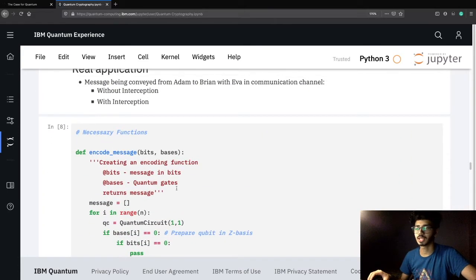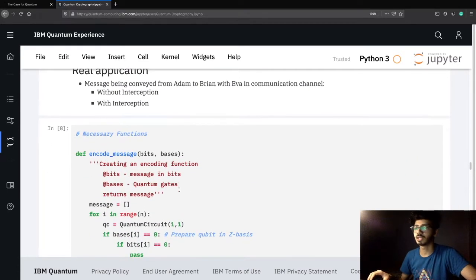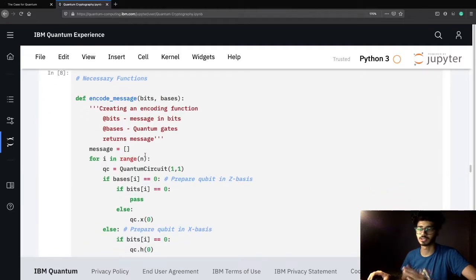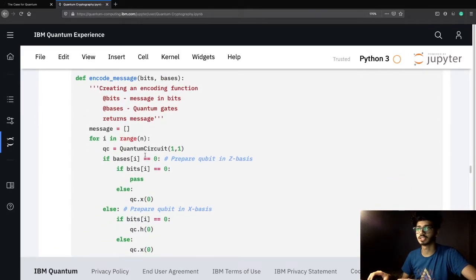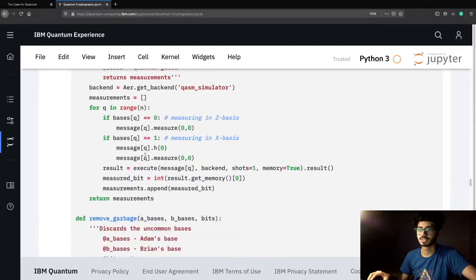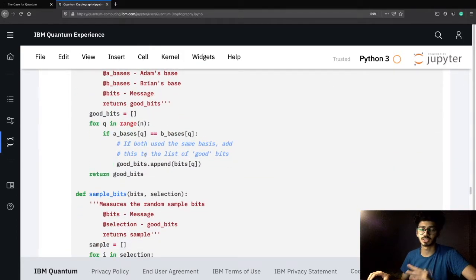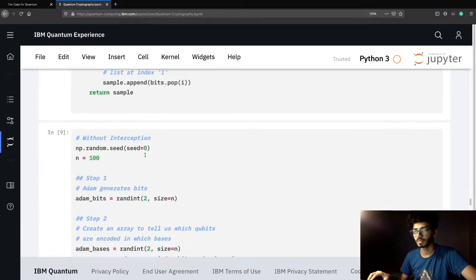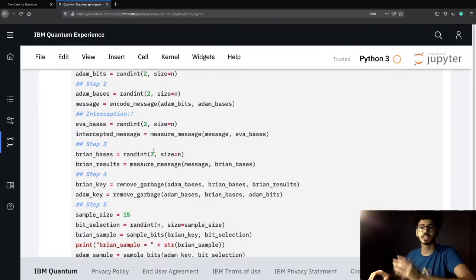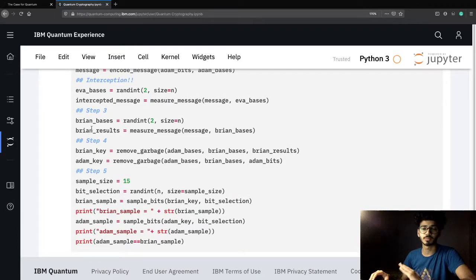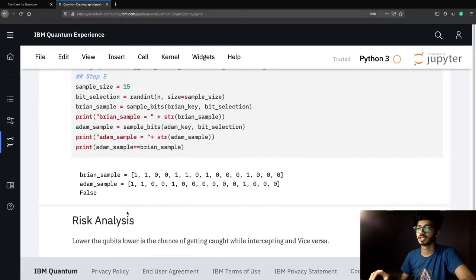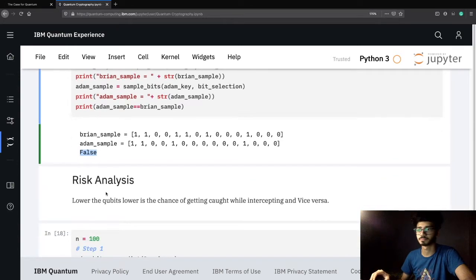Now, a real application, which I described previously, is to encode the message. Three functions are involved: encode the message, measure the message, and remove the garbage with the sample bits. In case of interception, Eve's bases are generated and we measure the message here, due to which the bases change and complications arise. And if the states do change, we get the alarm rate false.